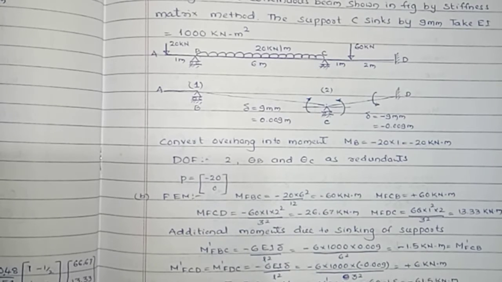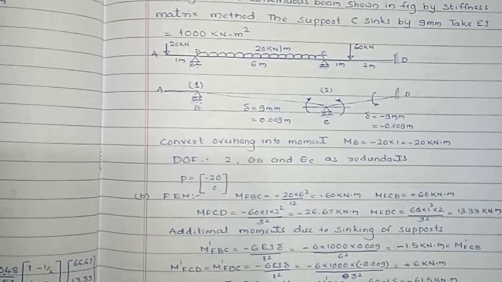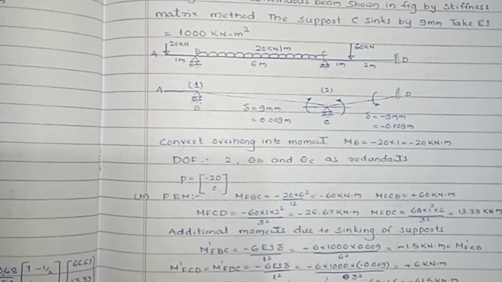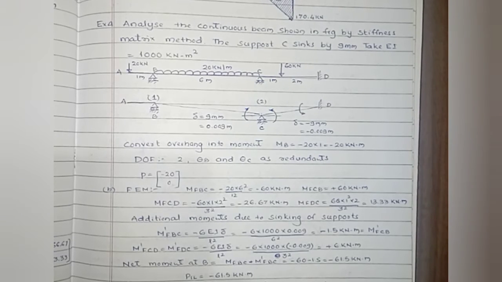Now, the fixed end moment at B due to the UDL is minus WL square by 12, that is anticlockwise, minus 20 into 6 square divided by 12, that is minus 60 kilonewton meter. Similarly, from the other end, MFCB is plus 60 kilonewton meter, that is clockwise.